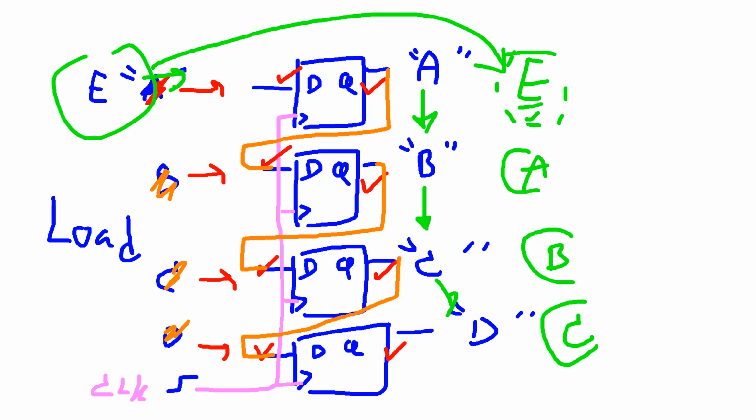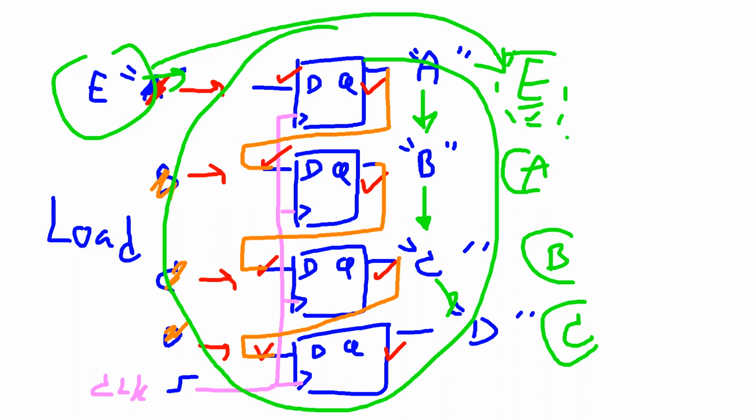This kind of behavior is called serial in. And this kind of configuration is called shift register. It's a register where each flip-flop reads data from the previous register.